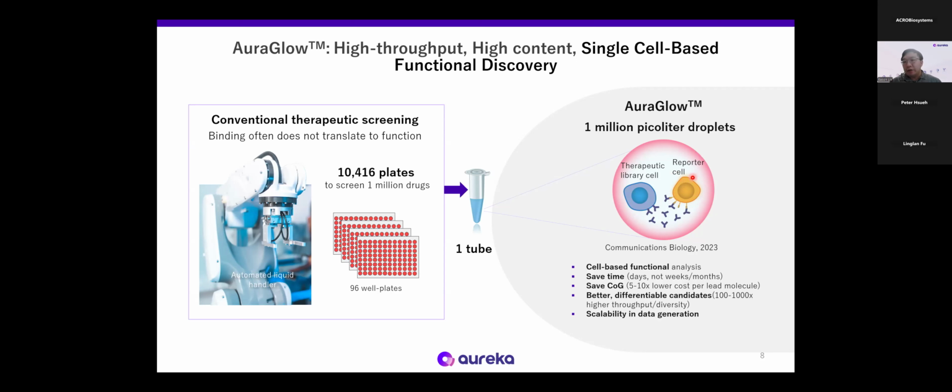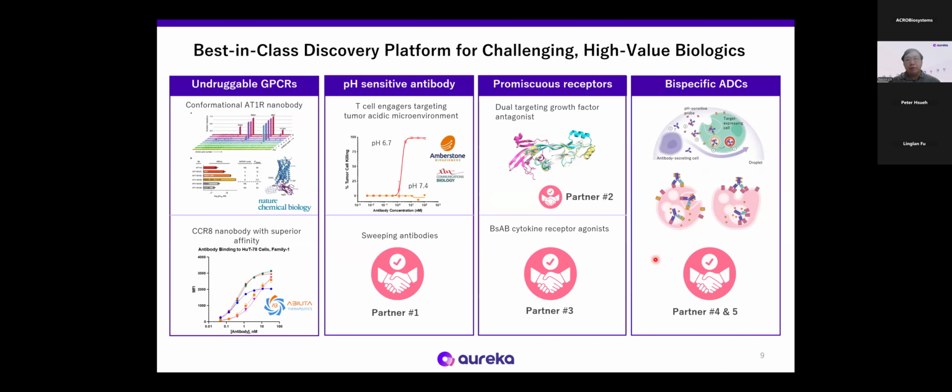So at the end, you're looking at a cell-based functional analysis that saves time and cost of goods, and most important, provides a very big scalability in data generation that is capable of feeding back into any AI-based analysis. I know that everything sounds like a dream and very complicated, like maybe just a concept, but in Aureka we have actually made it a reality already.